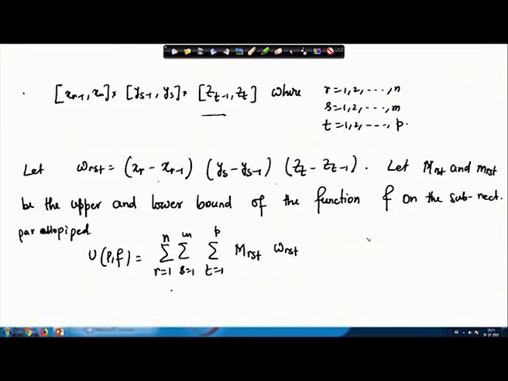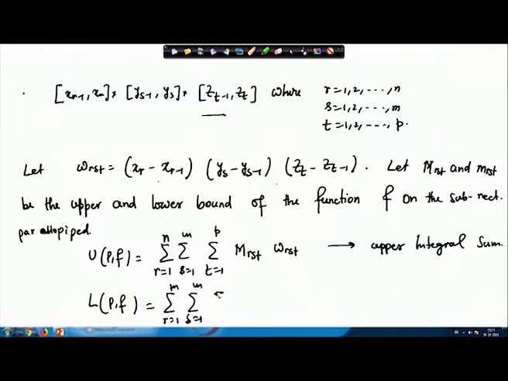So, this is my upper integral sum, and I can write LPF equals to sum r running from 1 to n, s running from 1 to m, and t running from 1 to p, small mrst times WRST, which is basically the lower integral sum. All right. So, this is how we define the upper integral sum and lower integral sum.